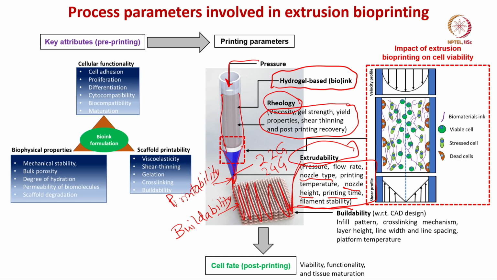There must be a limit, let us say 40 layers, 50 layers, because once you get a very stable, high fidelity structure without any shape distortion, that is what will define the buildability. And this buildability is with respect to the CAD design, the infill pattern, the cross linking mechanism, layer height, line width, line spacing and platform temperature.